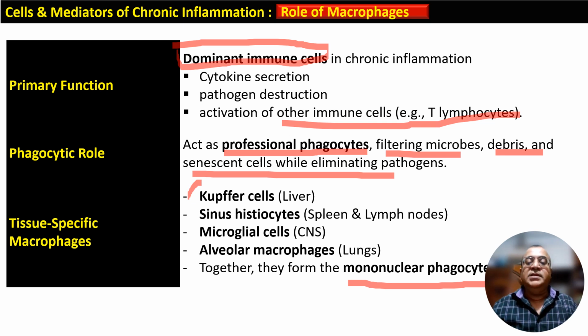When they are present in the liver, they are termed Kupffer cells. Sinus histiocytes, when present in the spleen and lymph nodes. Microglial cells in the central nervous system, and in the lung they are termed alveolar macrophages.